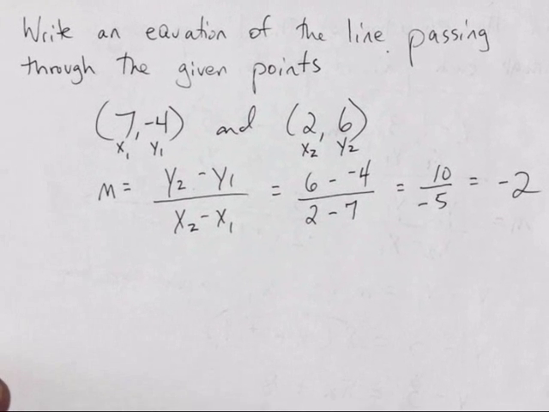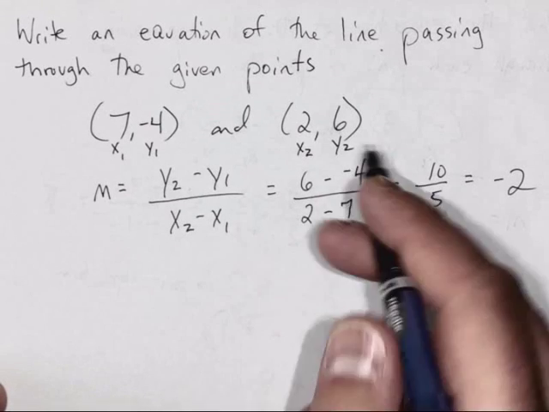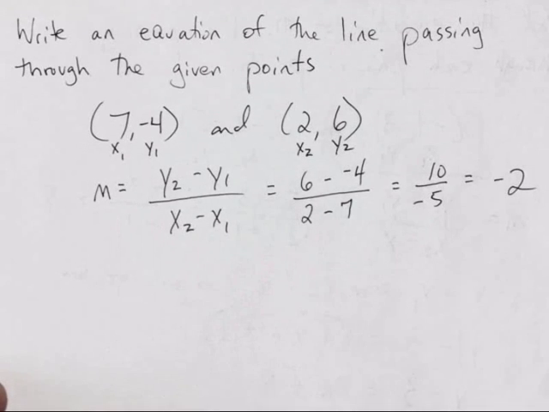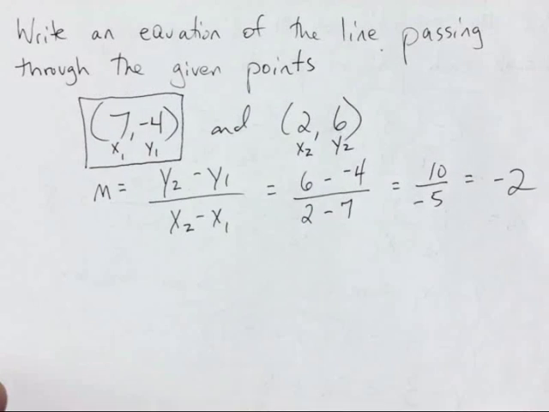Alright, so now that we have our slope, we want to then begin to write our equation in slope-intercept form. We want to use one of these points that are on the line. It doesn't really matter which one we use since they're both on the line.